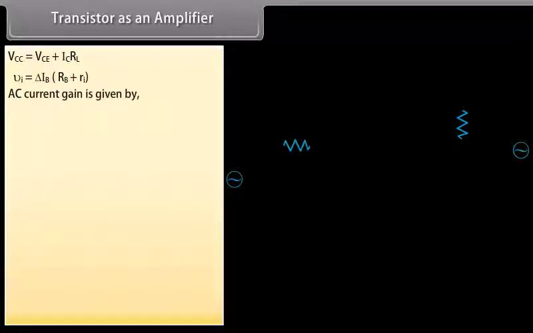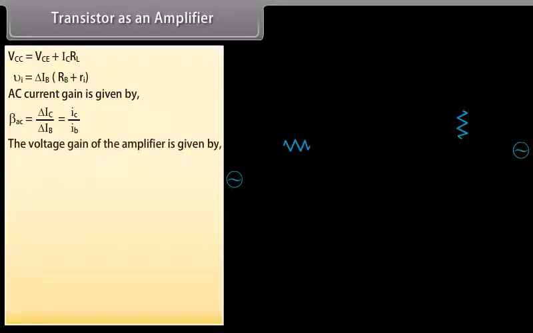AC current gain is given by beta AC is equal to delta IC upon delta IB. The voltage gain of the amplifier is given by AV is equal to delta VCE upon R delta IB.